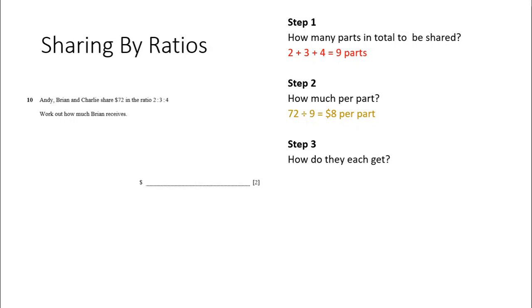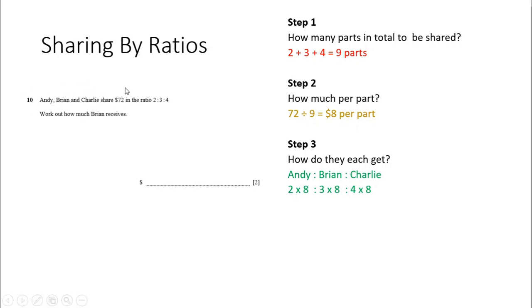And step 3, how much does each of them get? Well, this is where I really should have started by saying, what does this ratio mean? This ratio means that Andy, Brian, and Charlie, in the same order as it's given in the question, will get 2 parts, 3 parts, and 4 parts respectively. If ever you've seen the word respectively in a question, that means based on what you've just read in the same order.